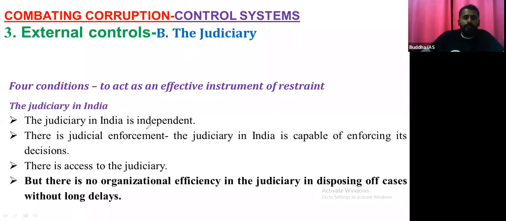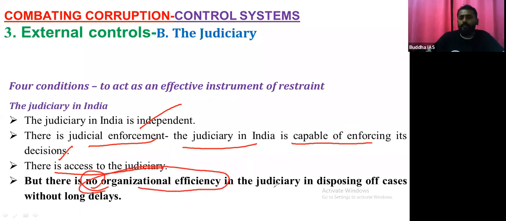The judiciary in India is independent. There is judicial enforcement. The judiciary in India is capable of enforcing its decisions. There is access to justice, but there is no organizational efficiency in the judiciary in disposing of the cases without long delays.